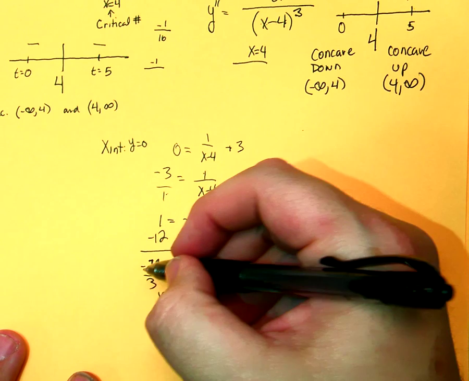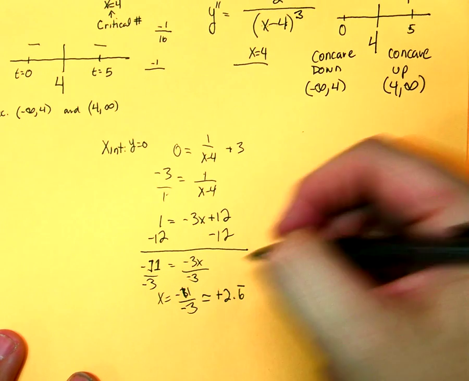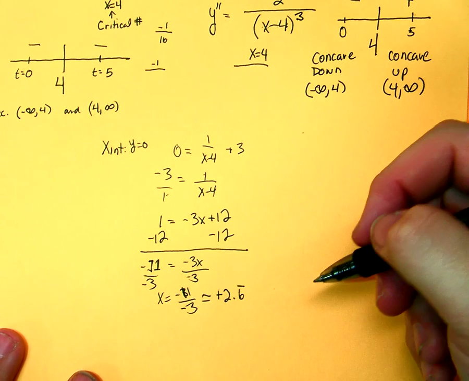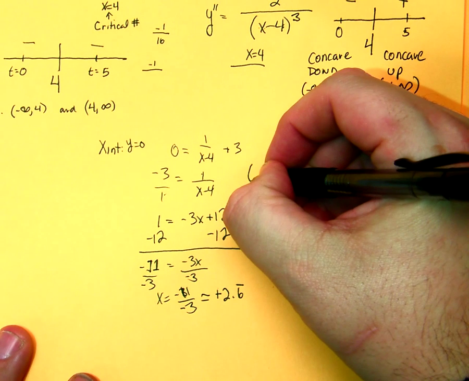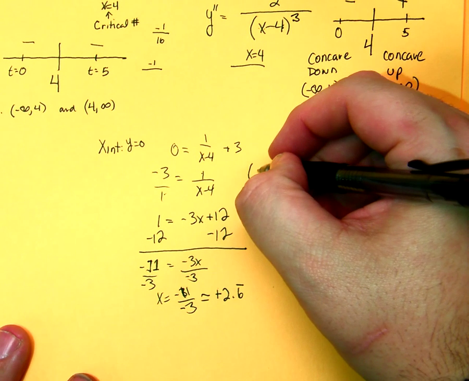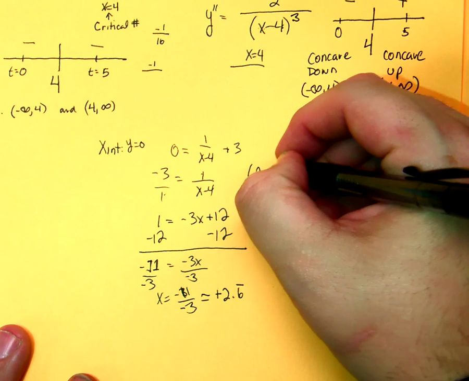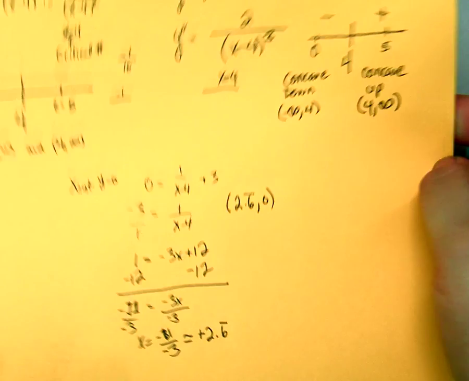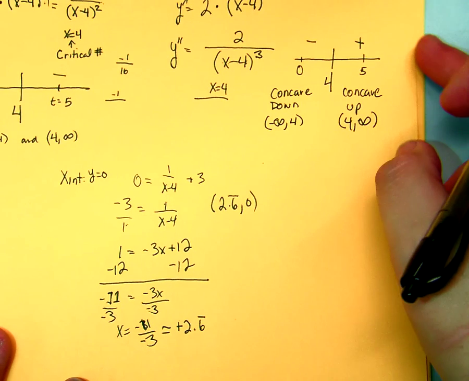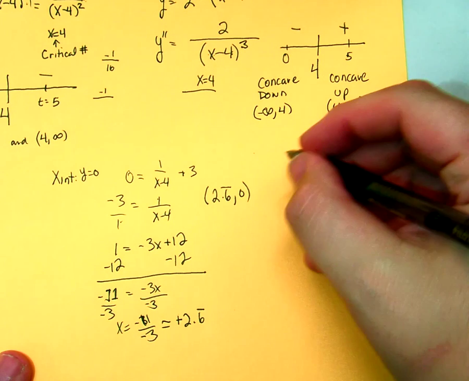See? Worked out perfect. So, I know the x-intercept is 2.6 repeating, 0. Do I have any y-intercepts? That's where x is equal to 0.